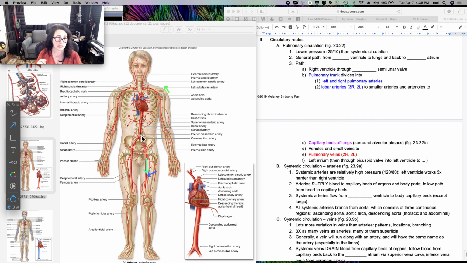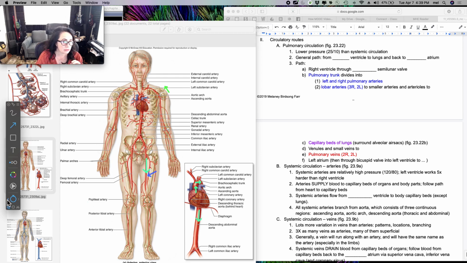So if you're doing a trace, and I think all of your traces have systemic circulation in them, every single straight trace is going to go through the aorta. And of course there are 3 branches of the aorta, and let's look at them in a little bit more detail. You have the ascending aorta, and they're named for which direction the blood is going through them. You have the aortic arch right here, and then you have the descending aorta. So ascending aorta, aortic arch, and then descending aorta.